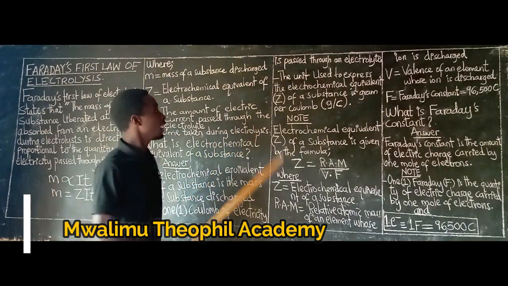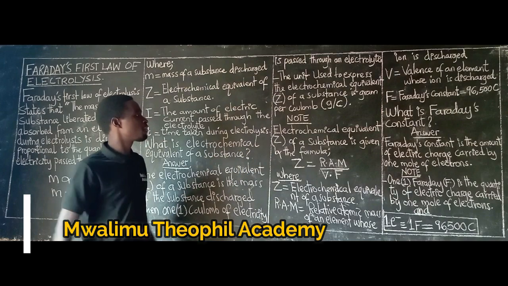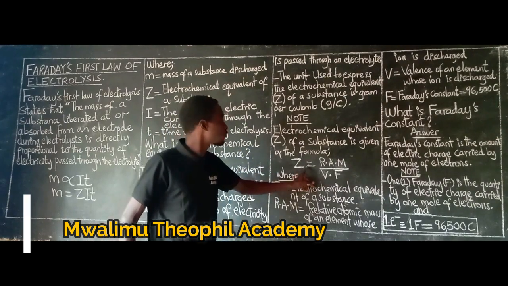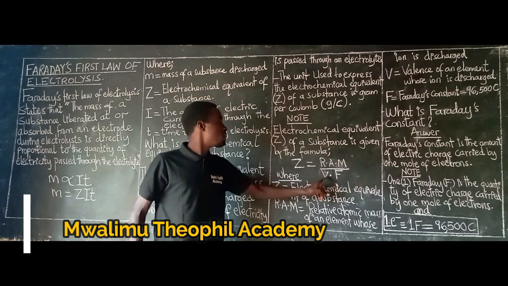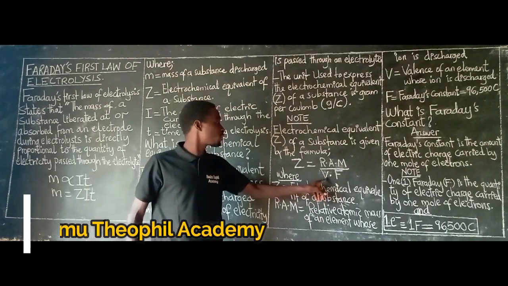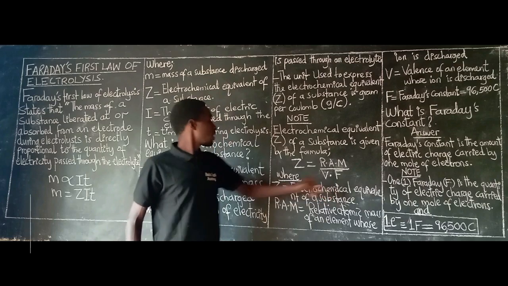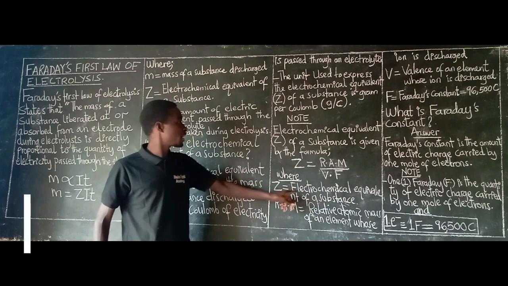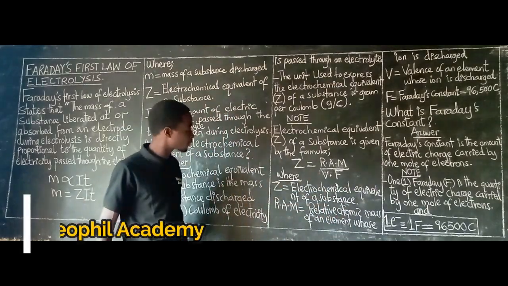Note, the electrochemical equivalent of a substance is calculated by using this formula: it is the relative atomic mass over the valence of the element concerned times Faraday's constant. What do these stand for? Z in this formula stands for the electrochemical equivalent of a substance, as we have seen in the previous explanation.